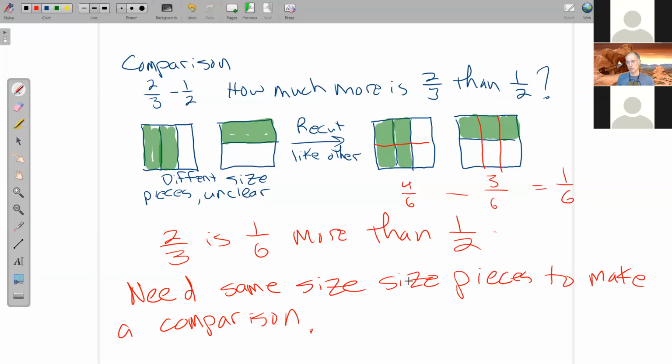And that same size means common denominator. So those are the main two models for subtraction.